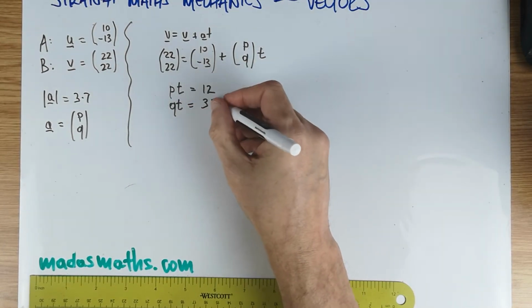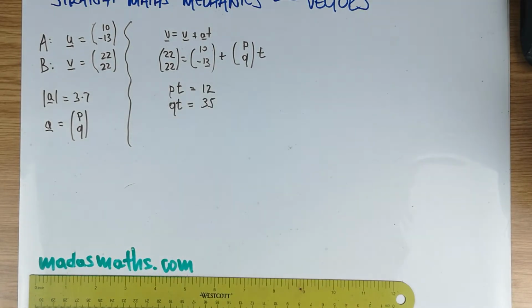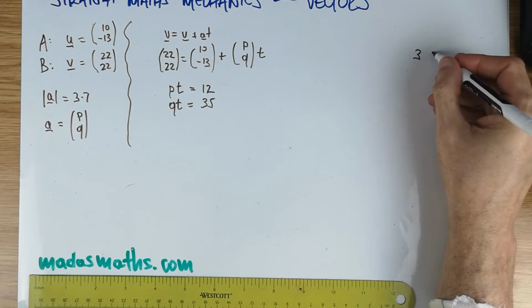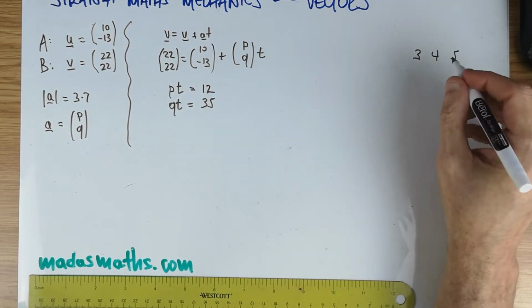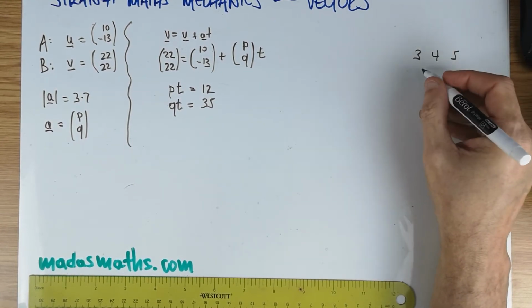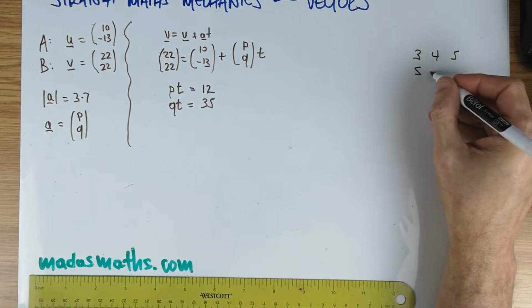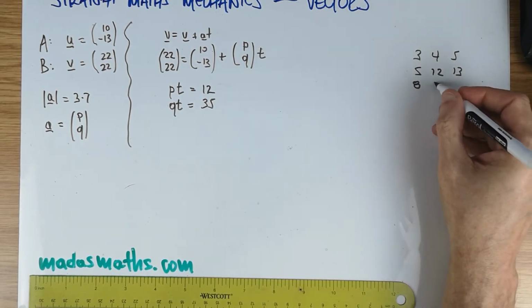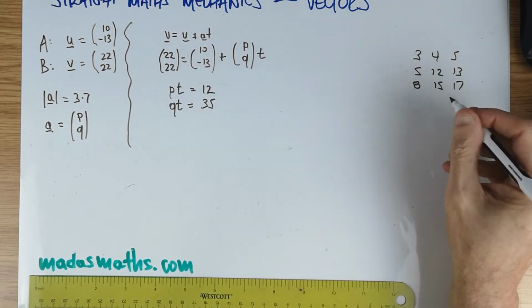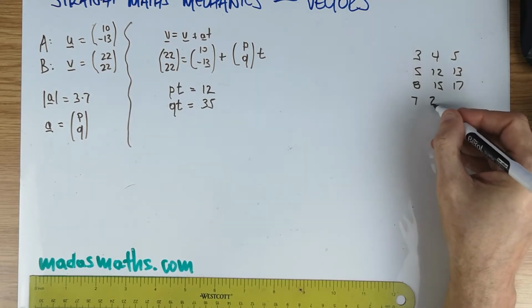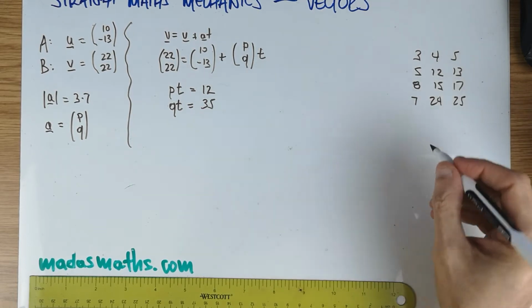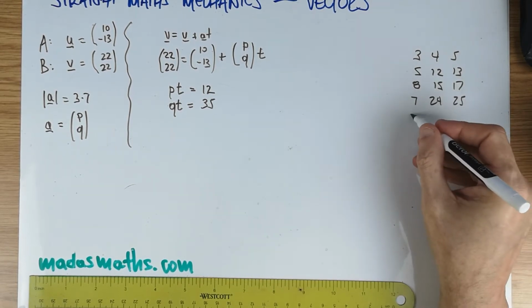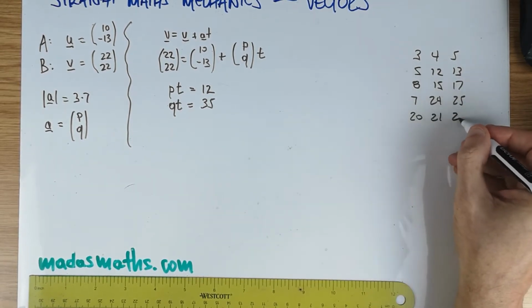is 35. For me, straight away, as soon as I see these numbers, because I know my Pythagorean triples, well, I used to know them quite well: we've got 3, 4, 5 in these multiples, of course, then 5, 12, 13, the 8, 15, 17, the 7, 24, 25, and you've got 20, 21, 29.